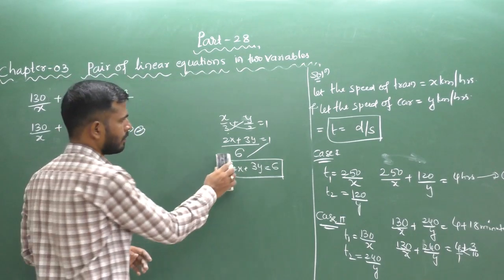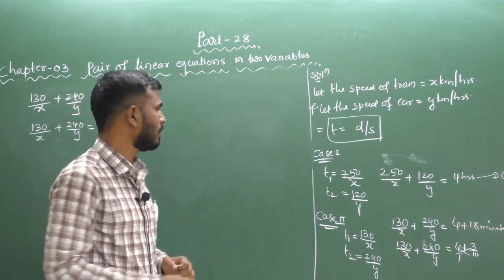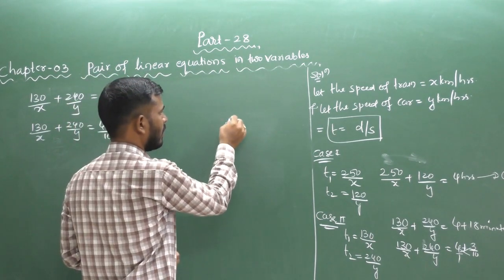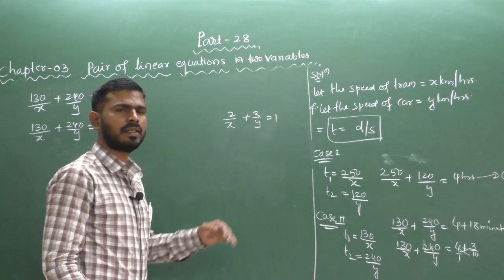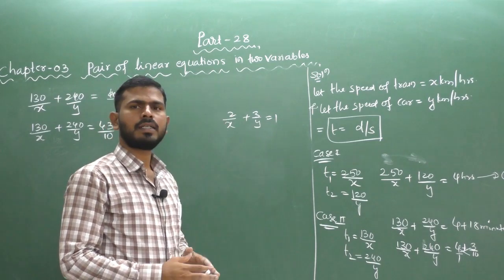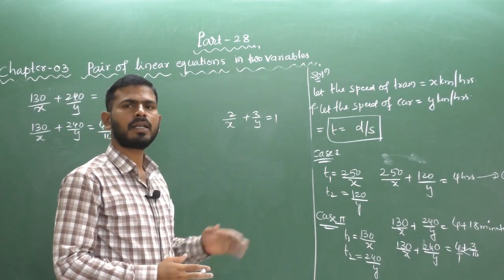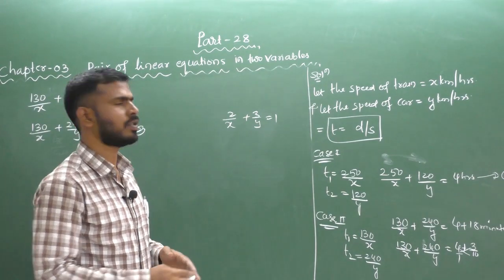Suppose variables are given in a denominator, for example 2 by x plus 3 by y equal to 1. In this situation, the variables are in the form of a denominator, so you have to use the reducible method.